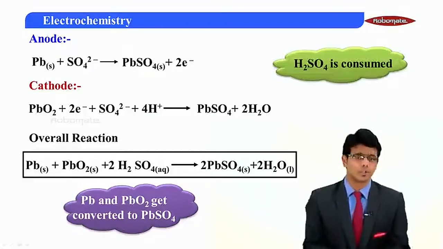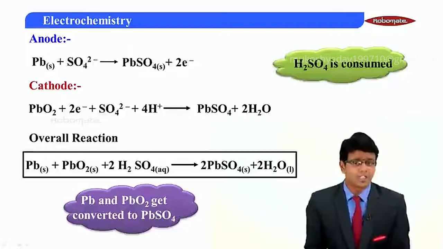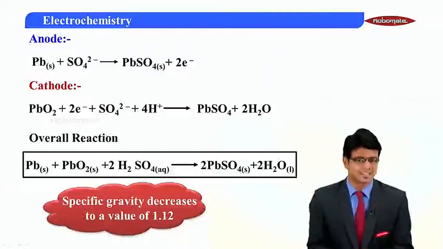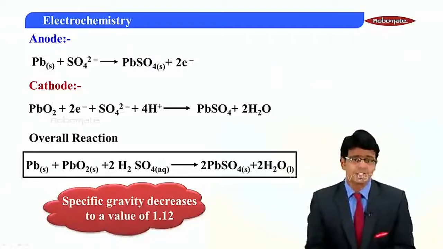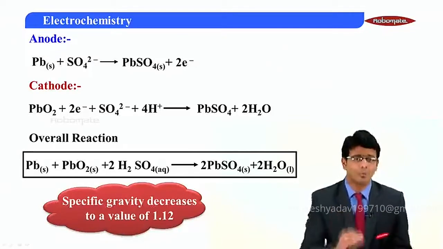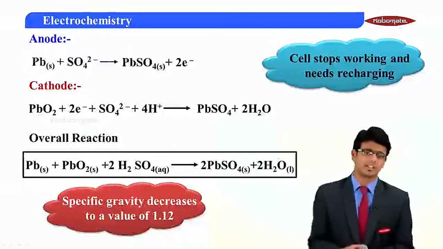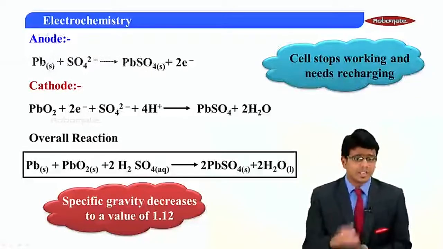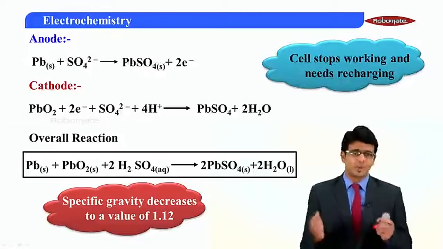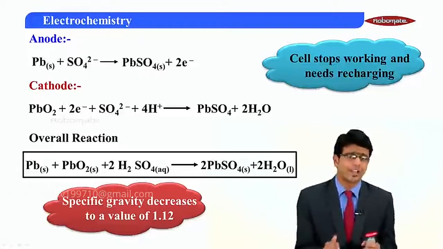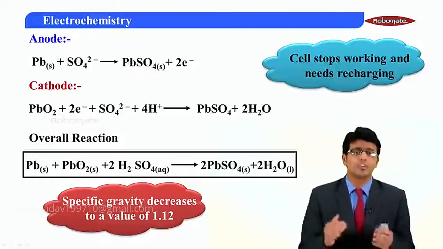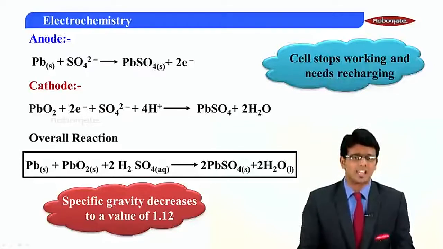It is getting used up in the reaction, and because of that its specific gravity decreases. When its specific gravity decreases to a value of 1.12, the cell will stop working and needs recharging. Precisely, even before it reaches 1.12, we need to recharge this lead accumulator.